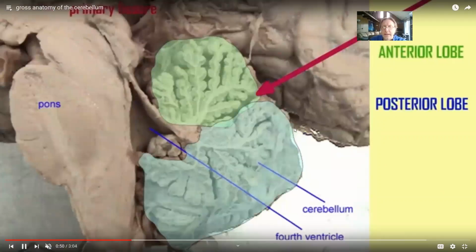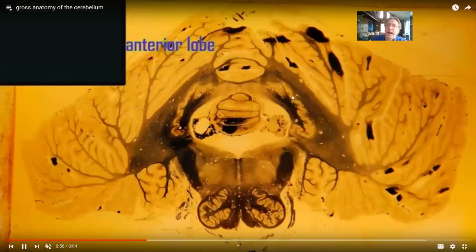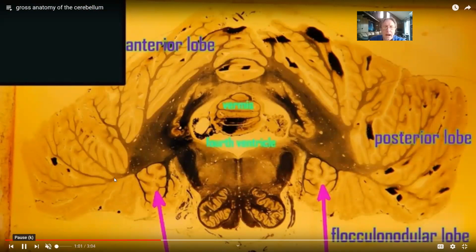And so here is the structure of the cerebellum, and we could name the fissures as well, which then separate these lobes. Here you can see the vermis is the wormy portion in the middle.